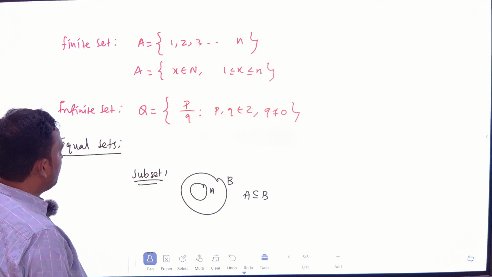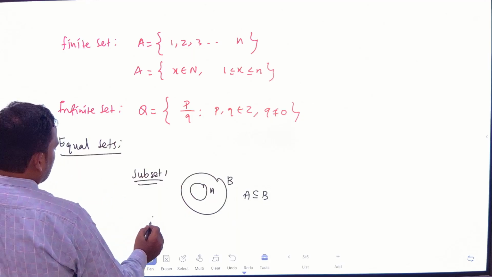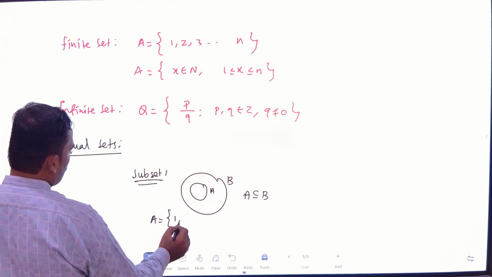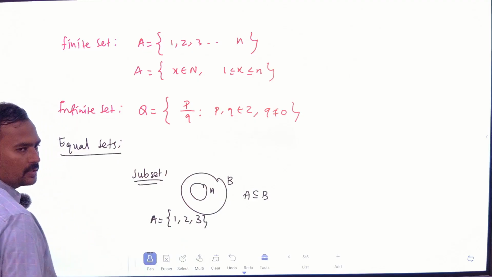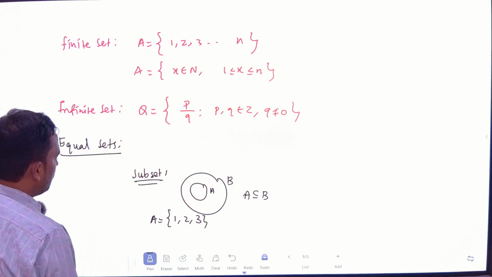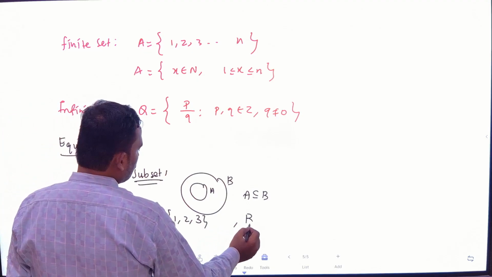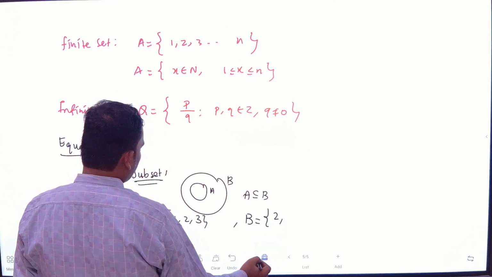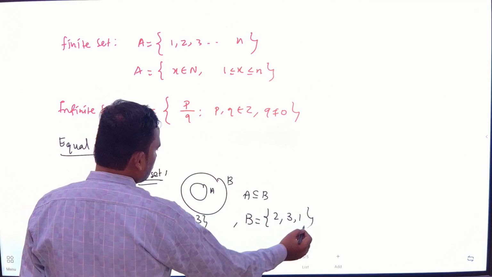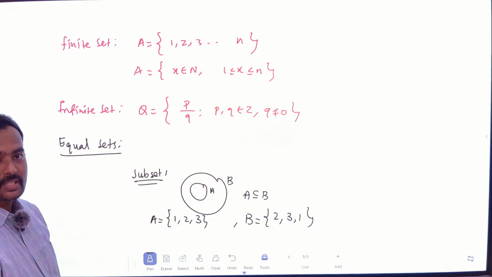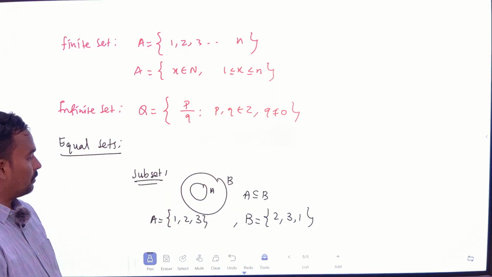So for example, equal sets. Let's take A is equal to {1, 2, 3}, and let's take B is equal to {3, 2, 3, 1}. Are these equal sets or not? Definitely equal sets. Why?